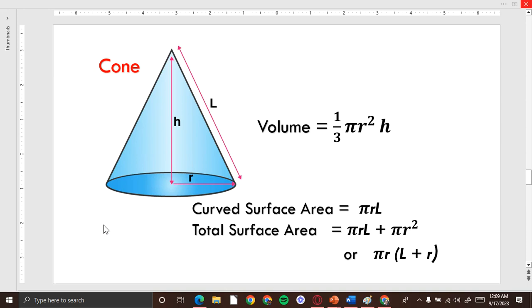Curved surface area of a cone is pi r into L, where L is the slanting length of the cone. Total surface area is equal to curved surface area plus bottom circular area. So pi r L plus pi r square, we can write it as pi r into (L plus r).